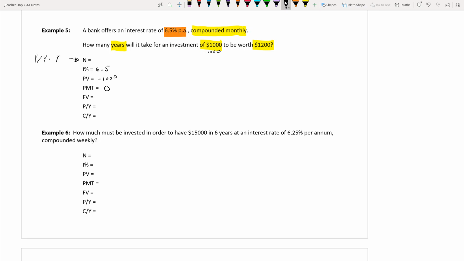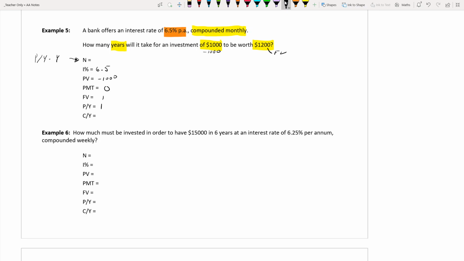I'm still not making regular monthly payments. That's not a part of the question, and whenever that happens, automatically P over Y is 1. How many years will it take for my present value to be worth $1,200? So this would be my future value.